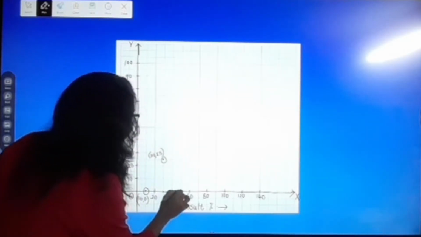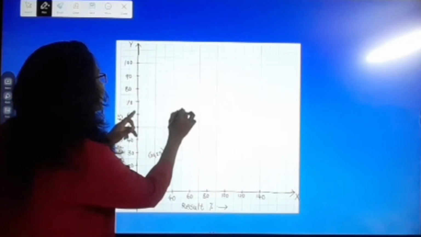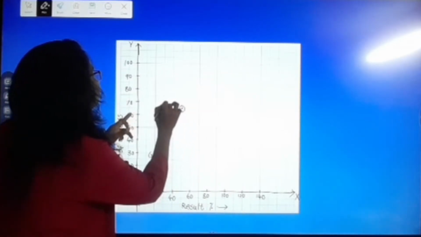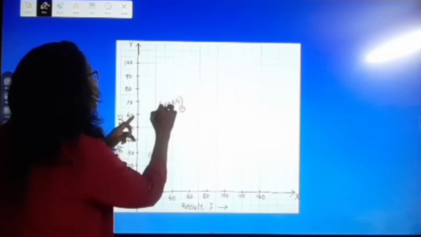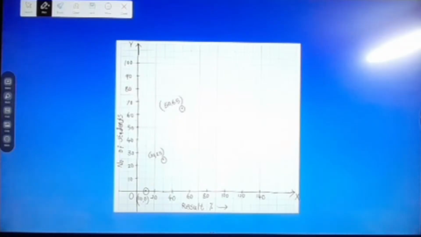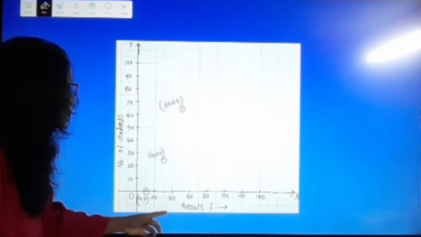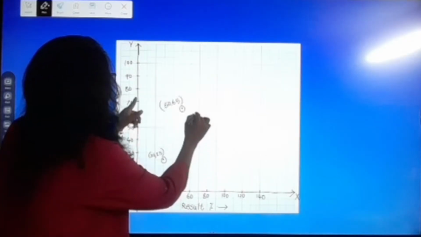Then the next one students, 50, 65. Here is the 50 and the 65 on the y-axis. So here this one 50, 65. Then next one students is 70, 80. Here this one is the 70 on the x-axis and 80 on the y-axis.